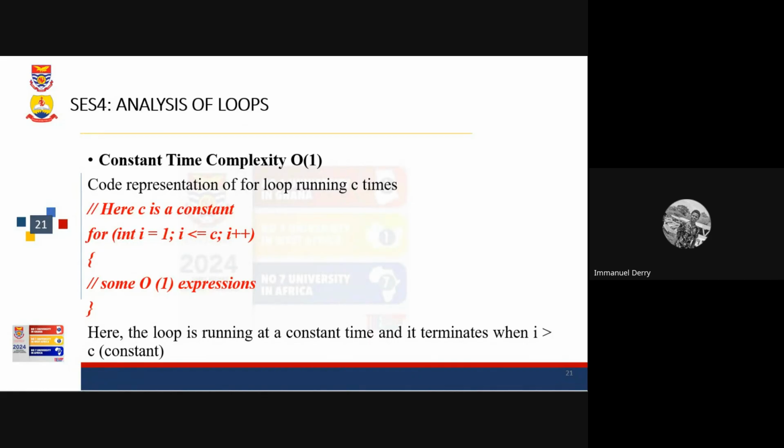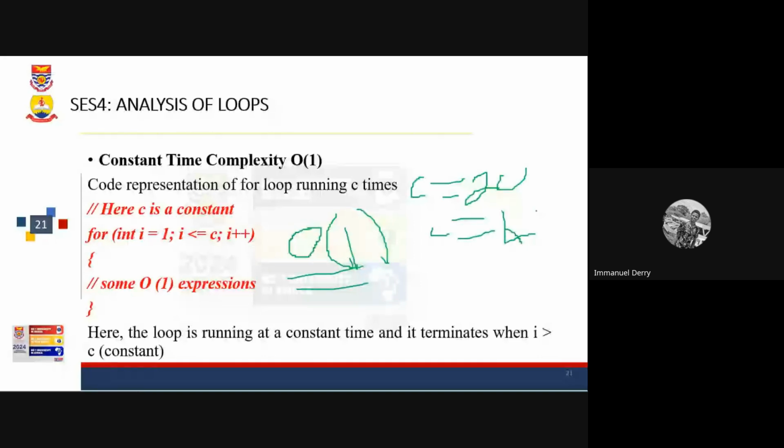And I said earlier that the C could be 200, 300, 400, it could be any number. So as soon as C is a constant, then we can evaluate the loop and see that it has constant time operation, which is written as big O of 1. That is when C is equal to 20, or C is equal to 400, or C is equal to 1.